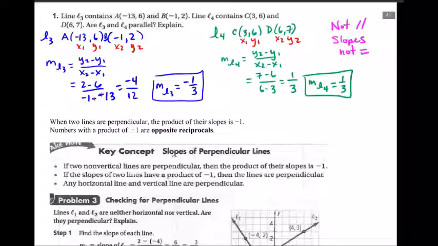We got the slope of line L3 is -1/3, and the slope of L4 is +1/3. Now those numbers look an awful lot the same, but they are not. So they're not parallel. So be careful, watch those negatives.